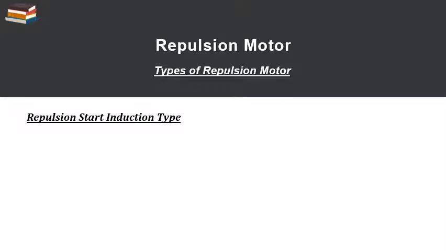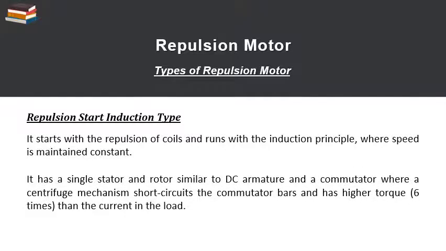Next one is the repulsion start induction type. So it starts with the repulsion of the coils and runs on the induction principle, where speed is maintained constant. This repulsion start induction type motor starts through the repulsion principle and runs on the induction principle.